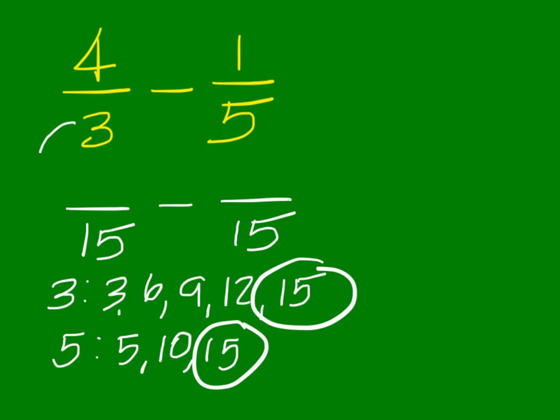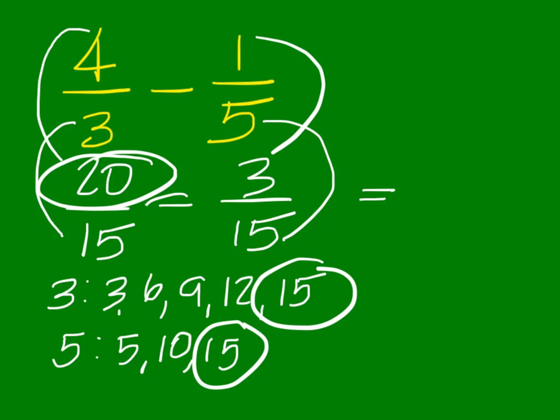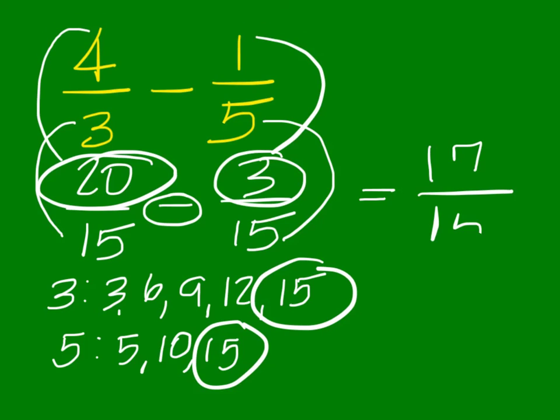What would I multiply 3 by to get 15? 5, yeah. So I would have to multiply 4 by 5 to get 20. And what do I multiply 5 by to get 15? 3. So 1 times 3 is 3. Now the operation says to subtract, so 20 minus 3 is 17. So it should be 17 over 15.